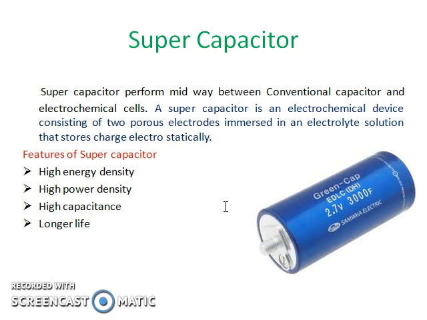This property is its high power density that enables it to handle fast fluctuation in energy level. So supercapacitor basically is nothing but an ordinary capacitor but having a supercapacity. So the supercapacitors perform midway between conventional capacitor and electrochemical cells.